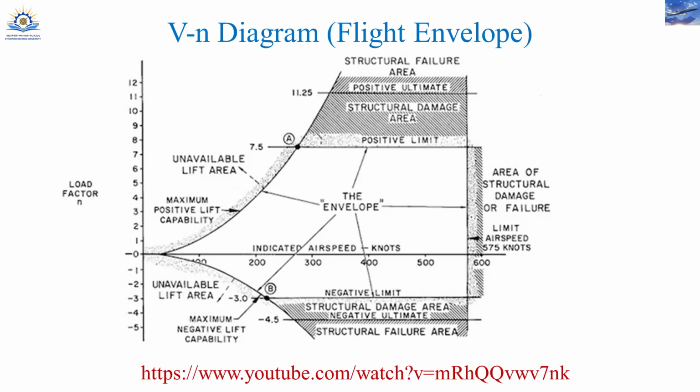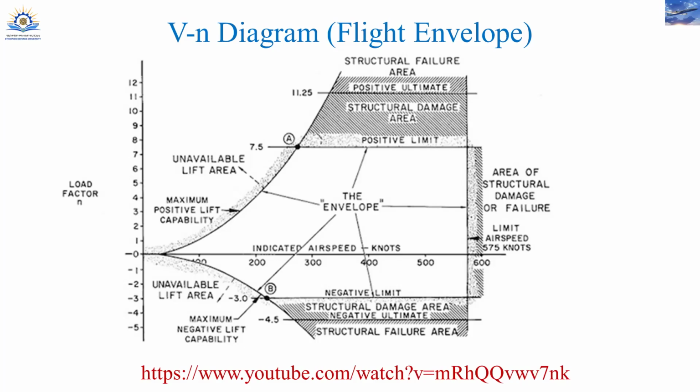A further increase in the n value will finally cause structural failure. Damage and failure are two different situations. Damage may initiate, propagate, and finally lead to ultimate failure. Failure is a collapse of the structure, but damage can be repaired.